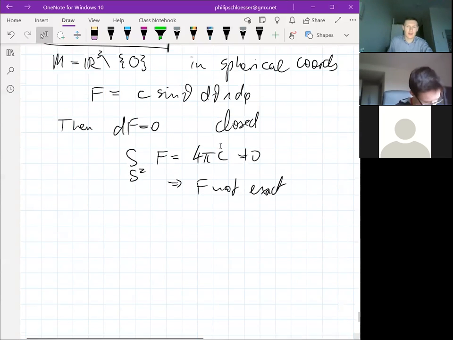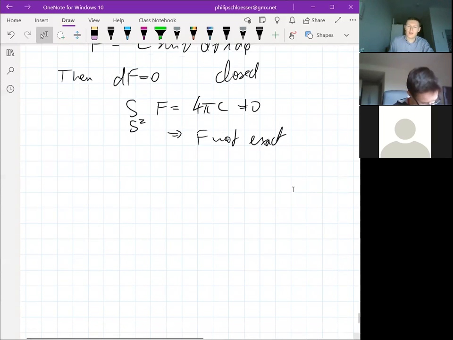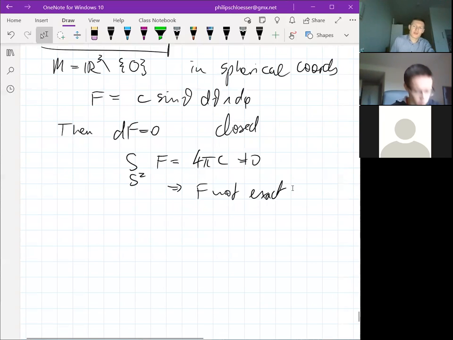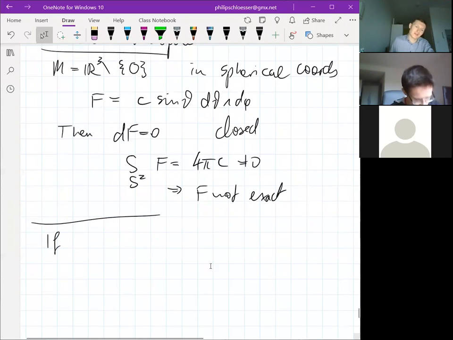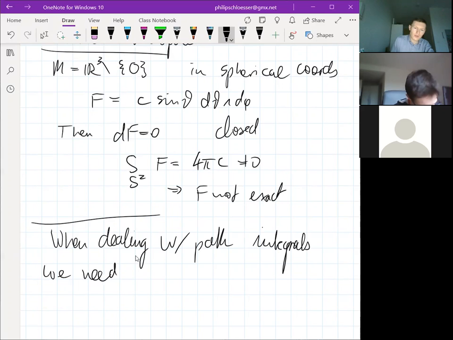Yeah, and I guess another observation is that if you're doing path integral physics, when dealing with path integrals, you usually don't require that the integral be 0 along some closed path, but we at least want the exponential function of i times that thing to be trivial, so equal to 1.